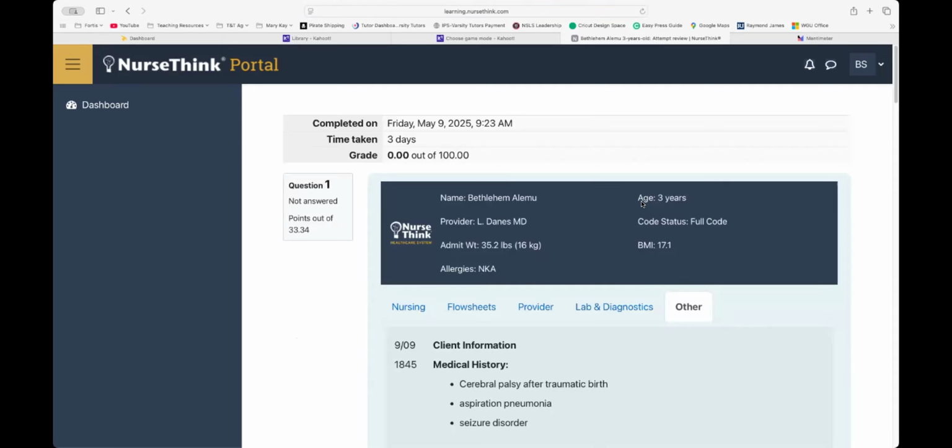This is going to be the screenshot that you're going to send me. You're going to see your initials up here. Used to be your name, but now it's your initials. The date you completed the assignment, your grade, and your patient's name are all going to be present on your screenshot. We have a CJ Sim coming up in week 6. So that's the page that you're going to use to get your screenshot.